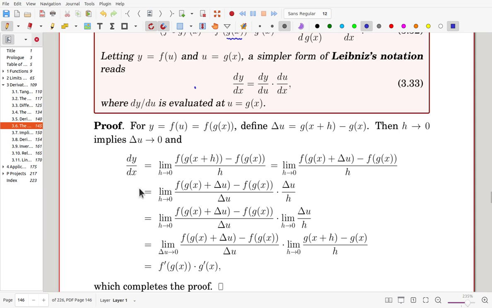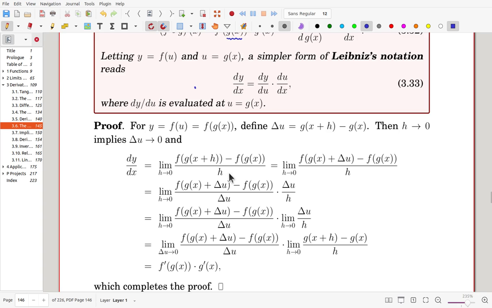In the definition, dy over dx is the same as, for the composite function, the difference between x plus h and x, divided by h. That is the definition of the derivative with respect to x.